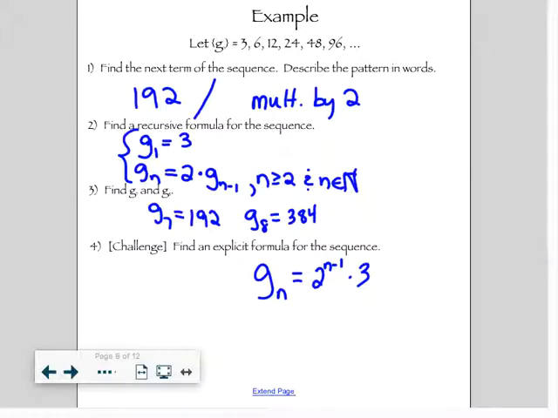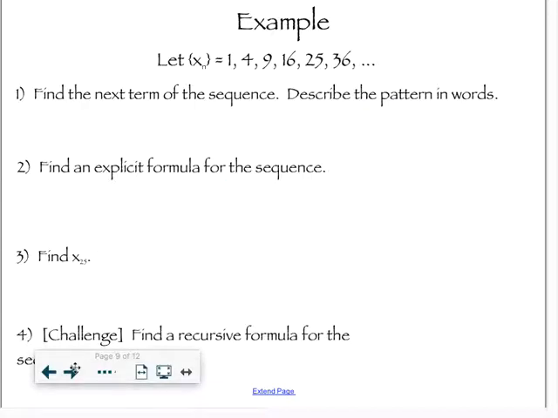All right. On the last page, let's look at this one, and you notice I X'd out, I accidentally copied one of the sequences again, so we don't need that last one. All right, this one, x sub n is 1, 4, 9, 16, 25, 36. The first question I have for you, is it linear? Am I adding a constant every time?